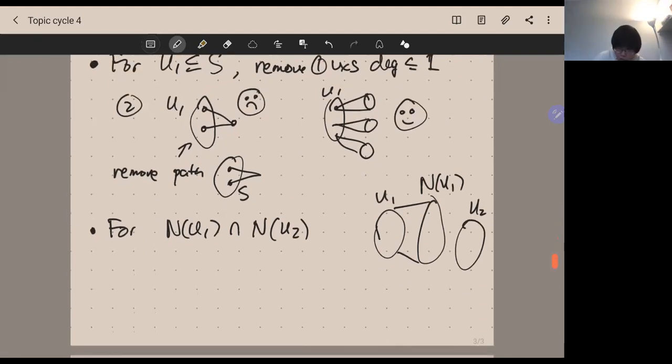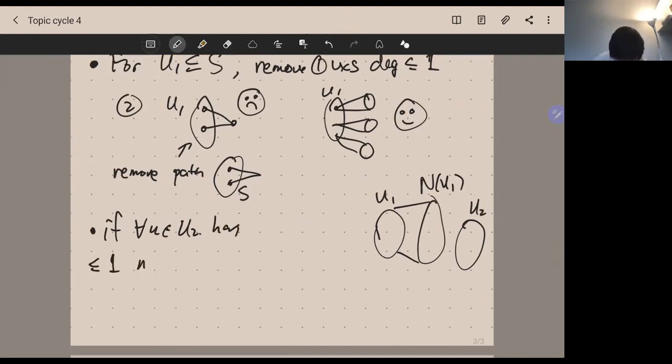To control their intersection, note that if every vertex in U2 has at most one neighbor in N of U1, we're in good shape, right? So each guy sends at most one edge. You don't see this kind of thing, okay? Because if you see this, there's lots of overlap.